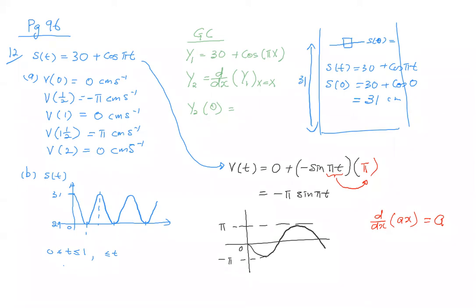This is 1, this is 2. Here is 3, here is 4, here is 5. So 0 to 1, then the next one, 2 to 3, then 4 to 5.